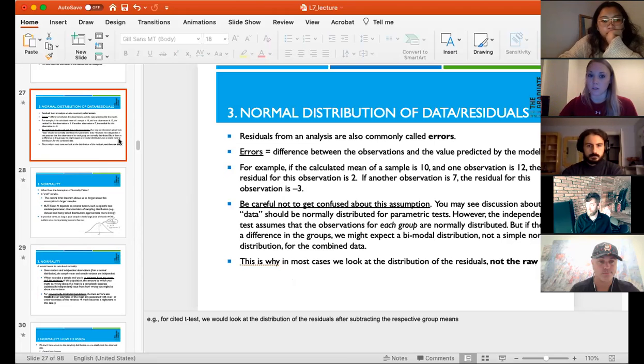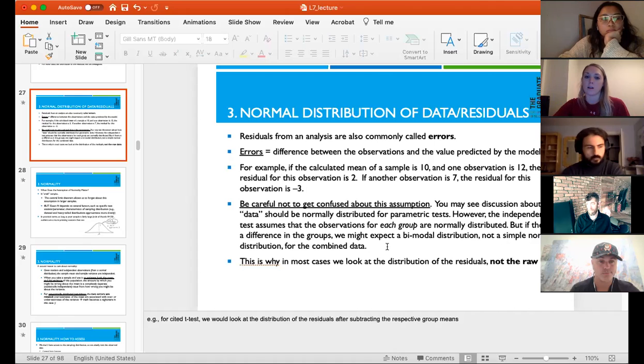So the residuals are called the errors. What our observation is, the difference between that and what you predict it to be, that's the error. If those errors are normally distributed around the mean, because this is our model, then you can say that your data is normally distributed and it meets those assumptions.